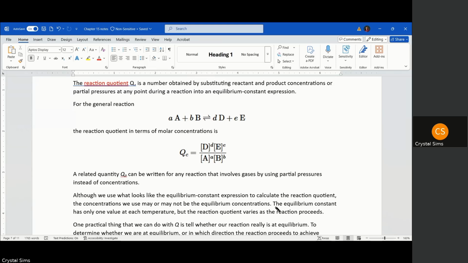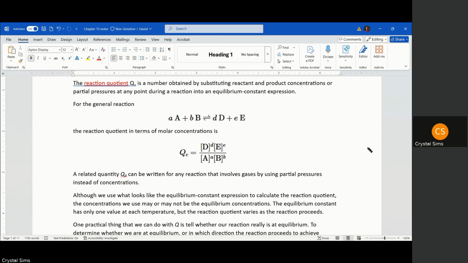That is the huge difference here. Even though the expression looks the same, we don't necessarily have to use equilibrium concentrations in the reaction quotient expression as we do in the equilibrium constant expression.